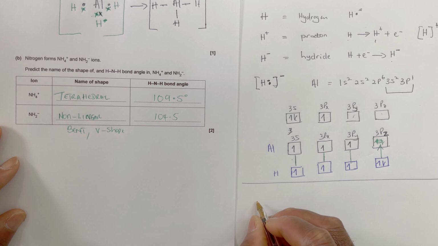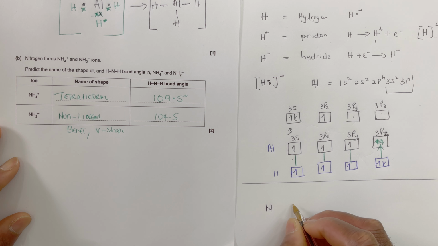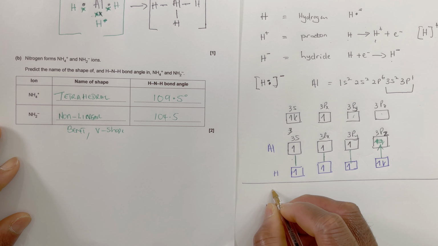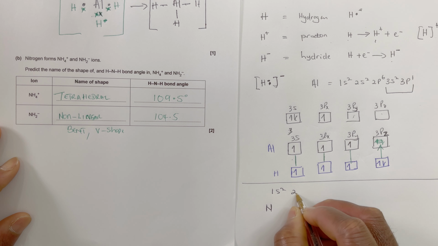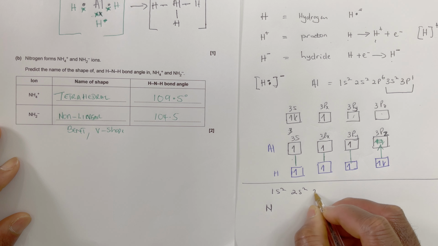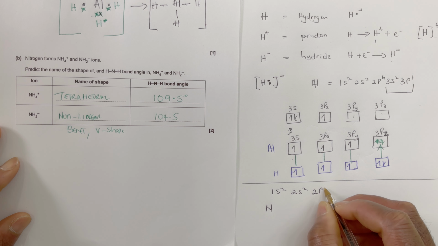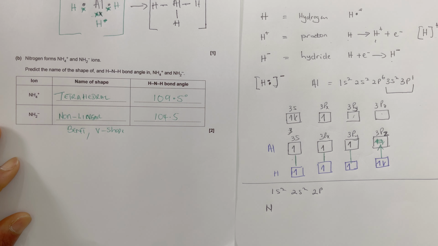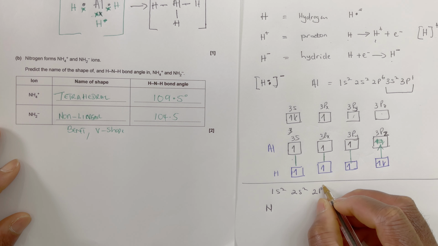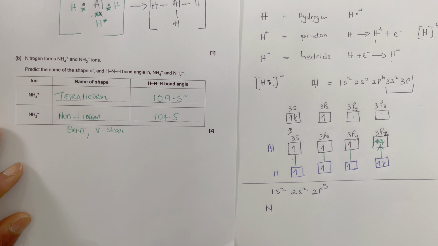And so if you do nitrogen, nitrogen is 1s2, 2s2, 2p. Nitrogen is group 5, and it's got 5. It's got 7 electrons altogether. So 2p3, and that's the nitrogen there, which you can write.